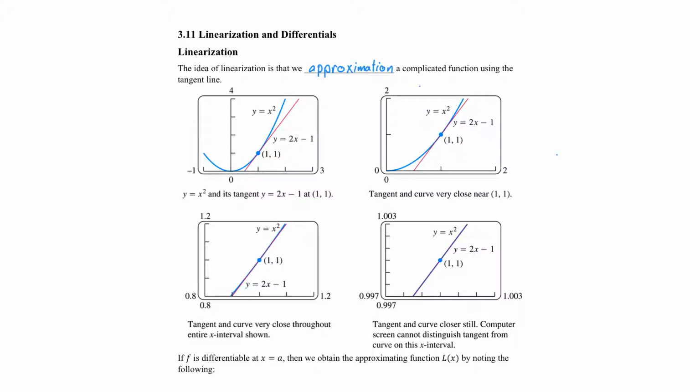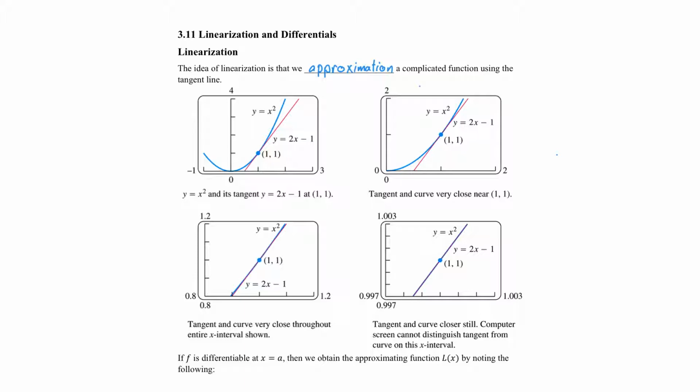Essentially, we're zooming in so close that you can barely tell there's two graphs here. And if we're looking at orders of magnitude of tens, hundred thousandths place, you can really see they're essentially going to be the same value if we're looking at values near 1. You can see we're only 0.003 to the left or 0.003 to the right.